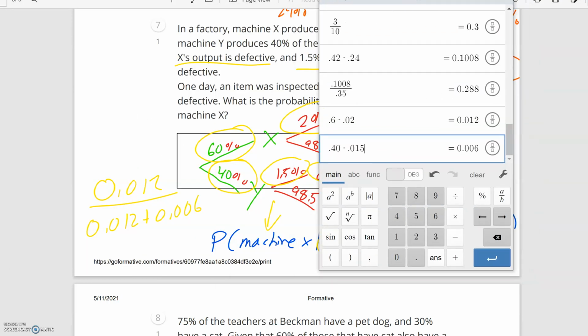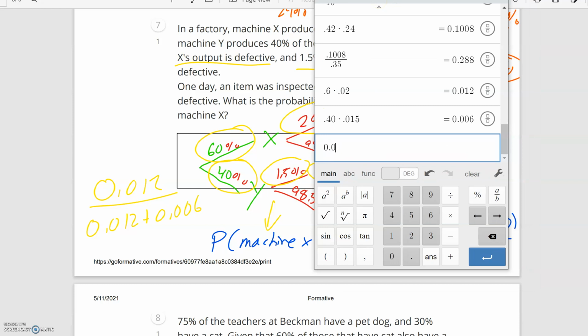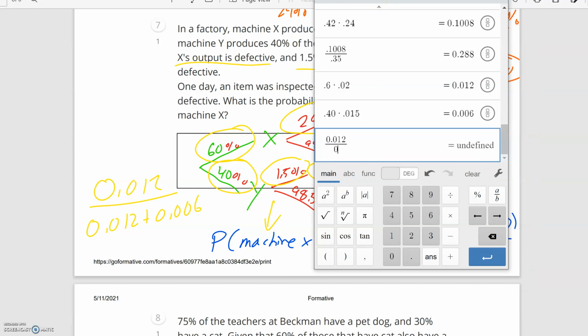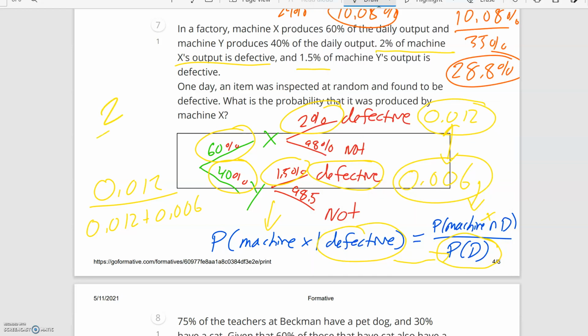So I'll slide that over here, type that in, divided by, and I'll just type that value in one more time, make sure I do it correctly. And that right there gives me the probability of it coming from machine X, looking like it's 66.6 or 2/3, if you want to think of it as a fraction, 2/3 probability.